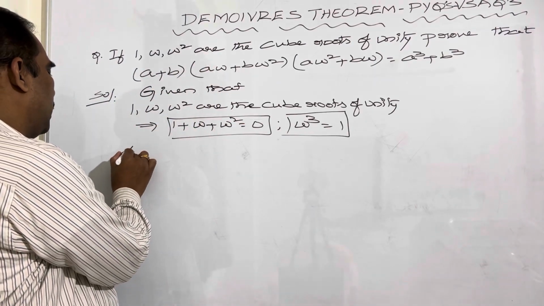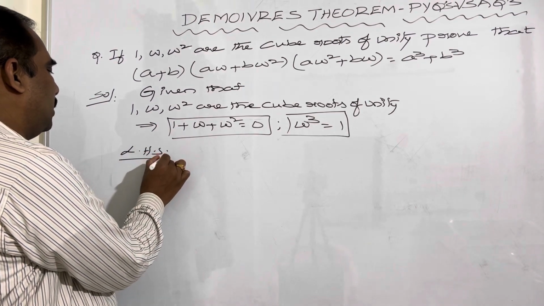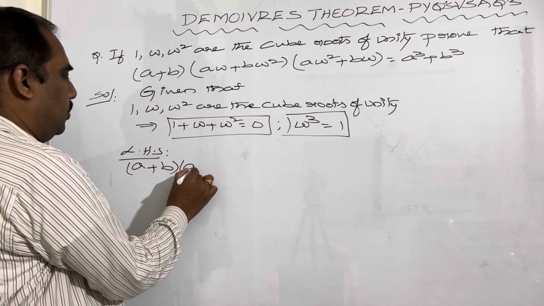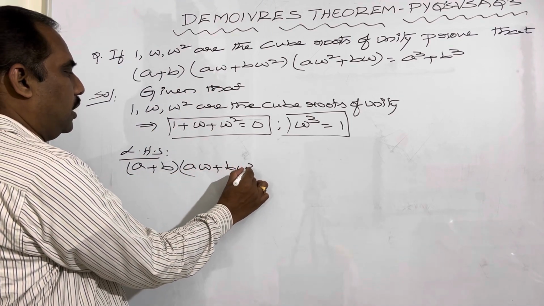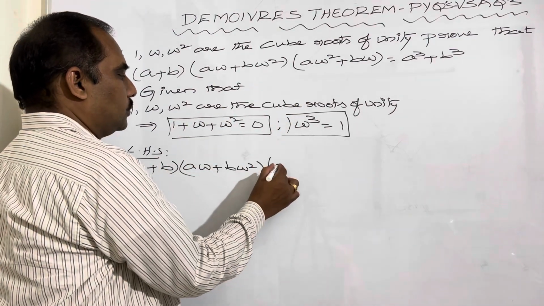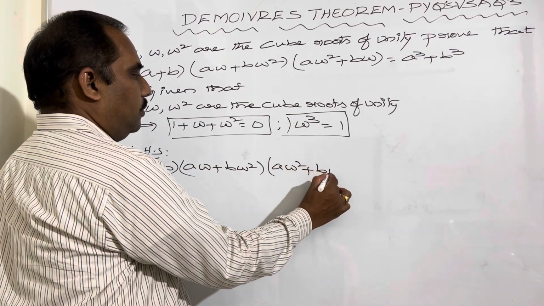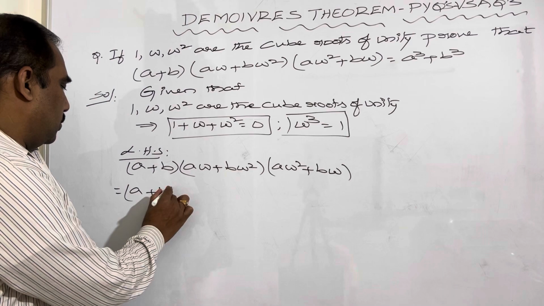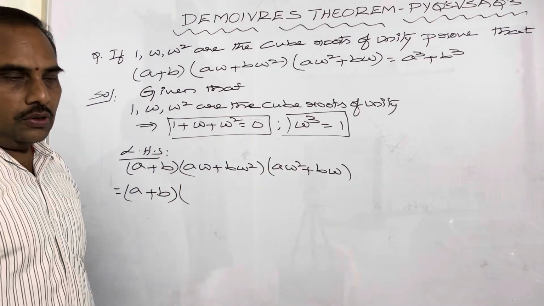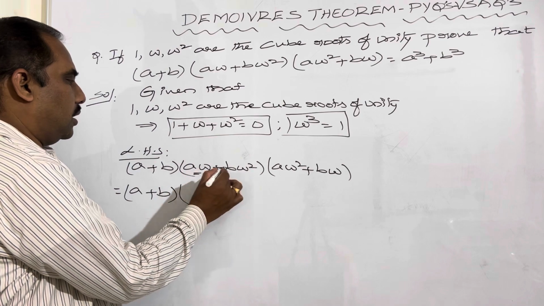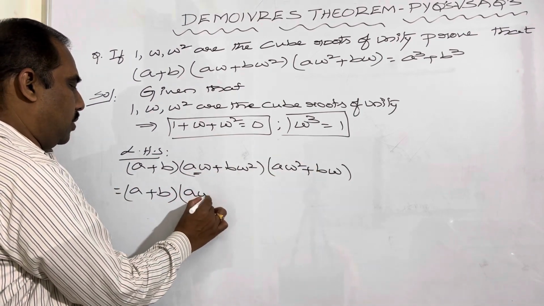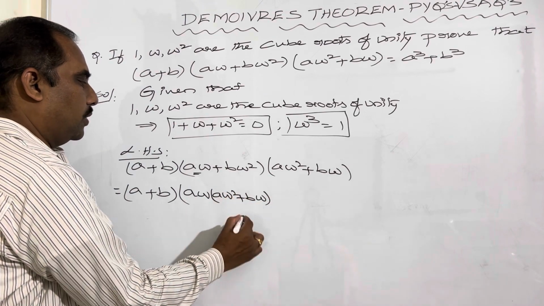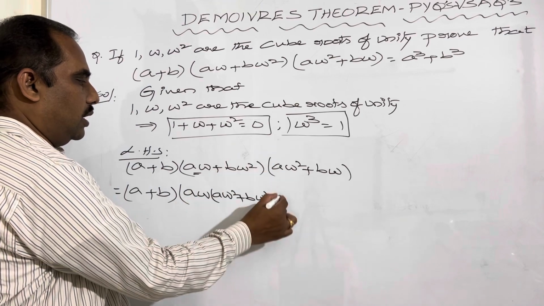Here taking the LHS, which is (a plus b) into (a omega plus b omega square) into (a omega square plus b omega). Now these two are multiplying.